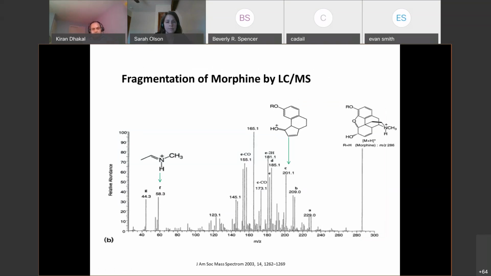More detail about the fragmentation of morphine in the previous slide here. Not only two, if we apply a certain energy in that second chamber, we can fragment that morphine molecule into several small fragment ions. You can see from A to Z here, different ions.